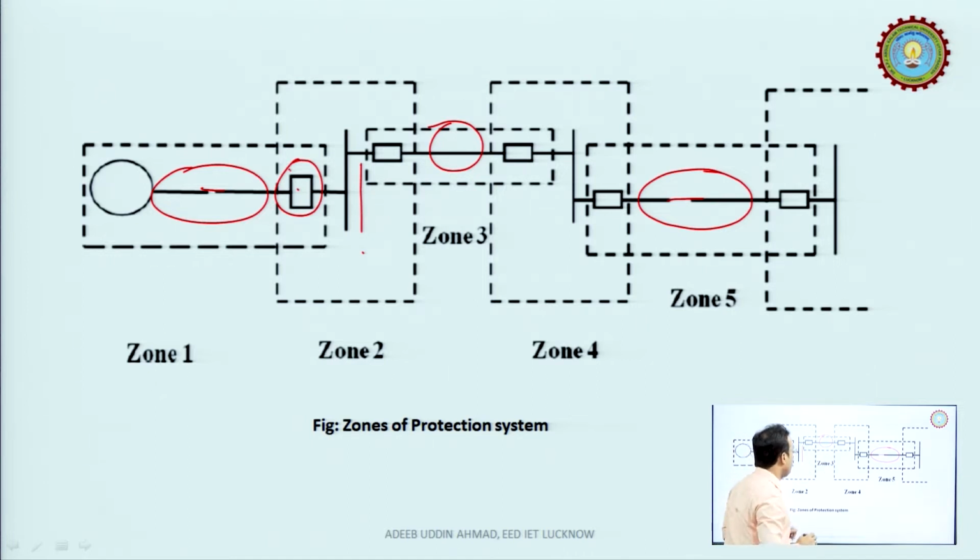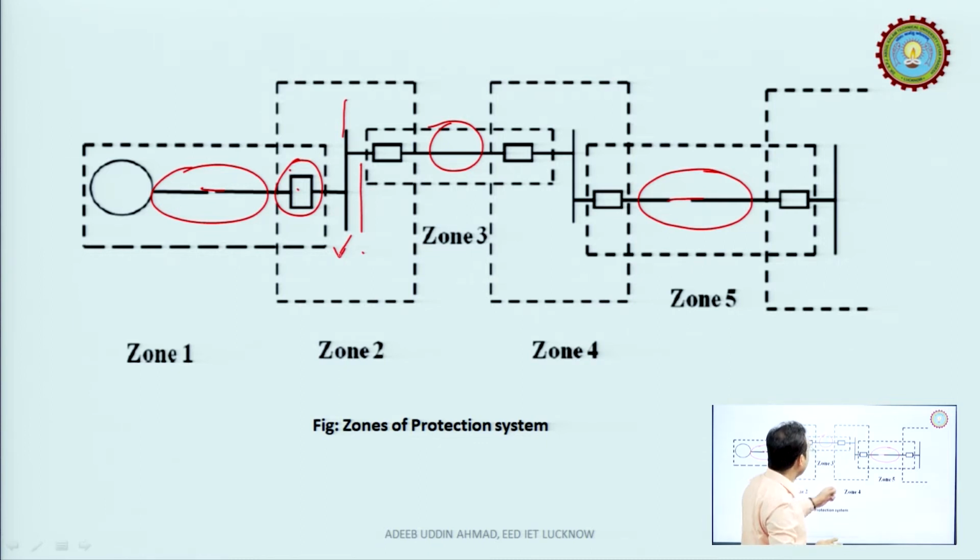Now, if we talk about zone 2, it is the protection of this bus bar section, and this protection is provided with the help of these two circuit breakers. Further, we have zone 3, which has two circuit breakers, and between these two circuit breakers all the equipment of zone 3 lies.